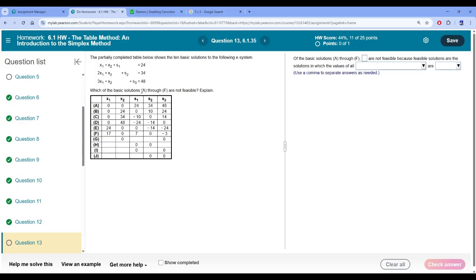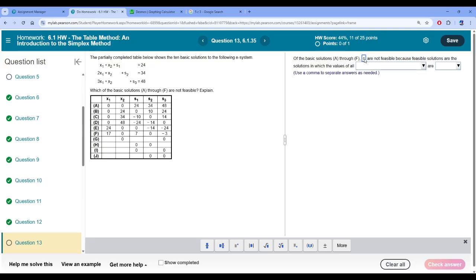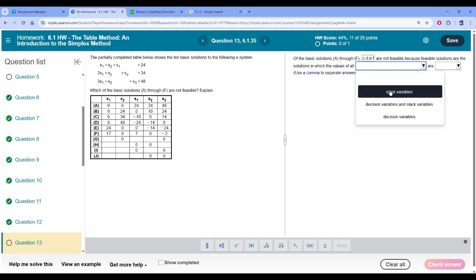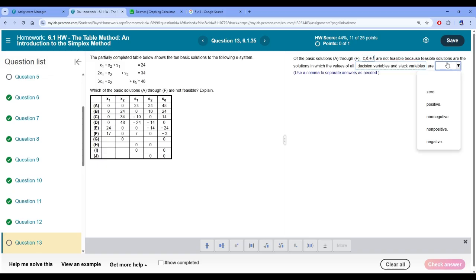Which of the basic solutions A through F are non-feasible? Which ones are not feasible? So the ones that have a negative solution. So that's going to be C, D, E, and F. Check.